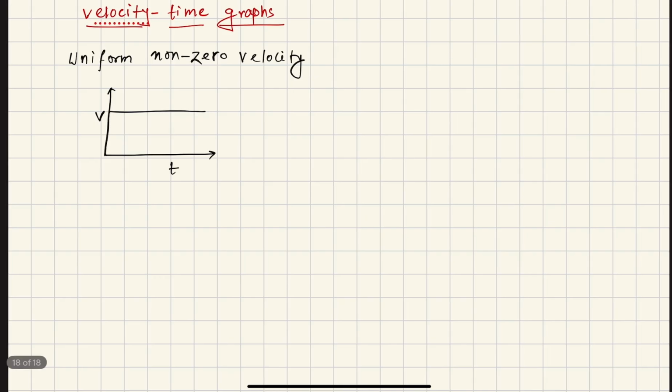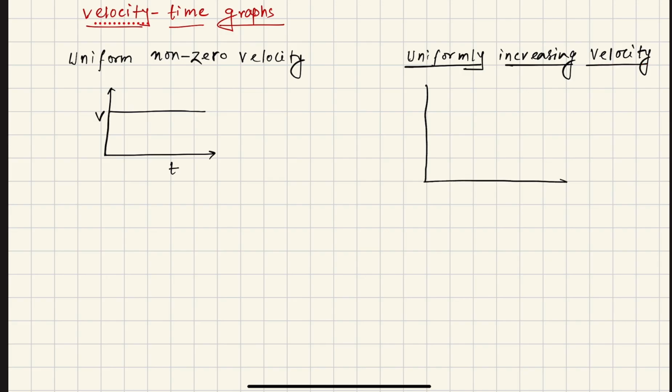Now, if there is uniformly increasing velocity, that means the graph may go like this.